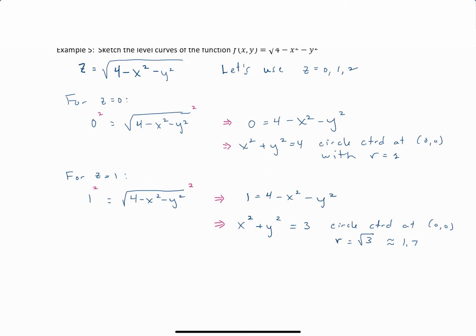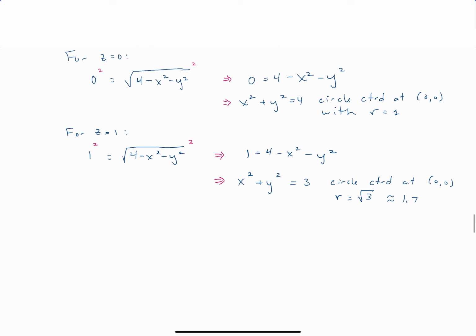Last, for z equals 2, I put in a 2 for z, and I have 2 equals the square root of 4 minus x squared minus y squared. Again, I'll square both sides, and that will give me 4 equals 4 minus x squared minus y squared.